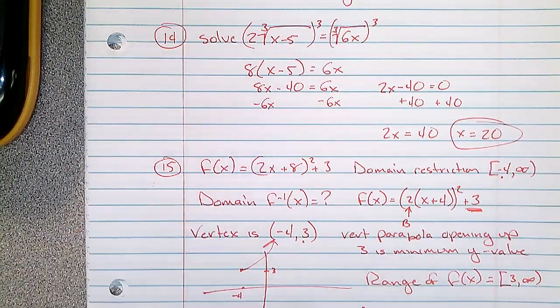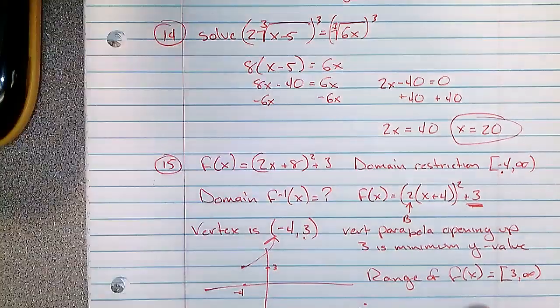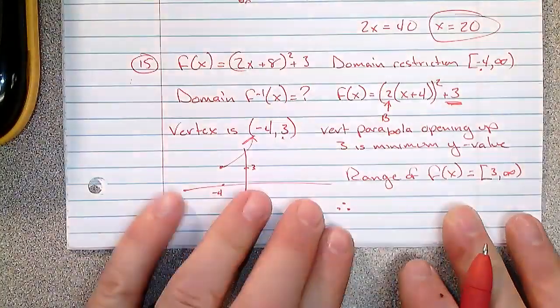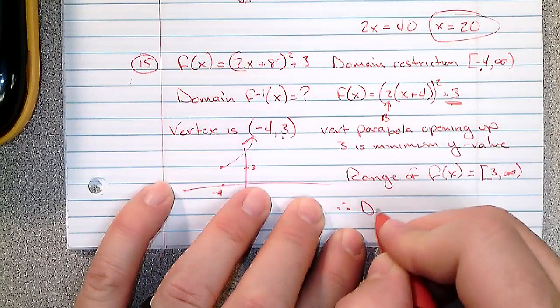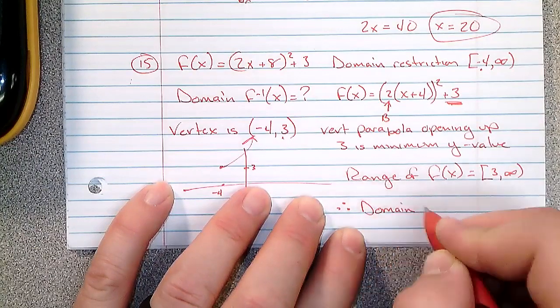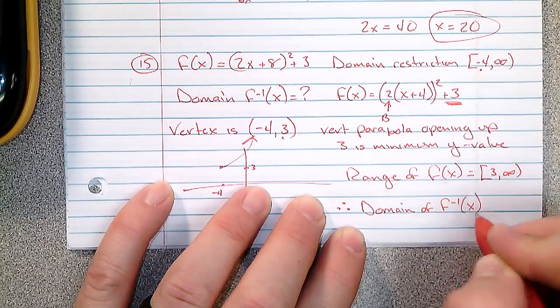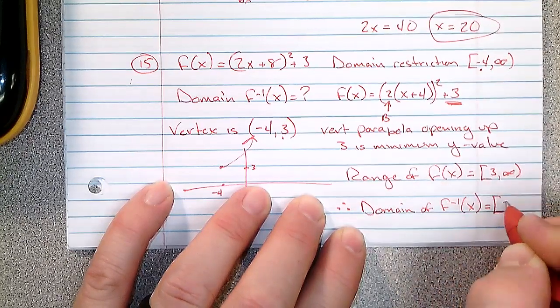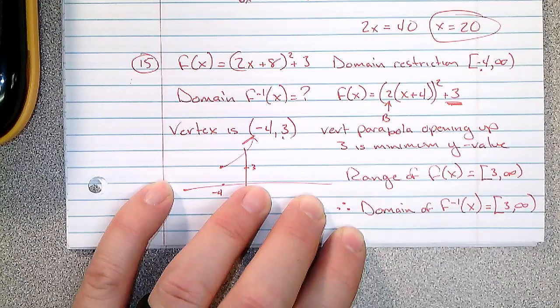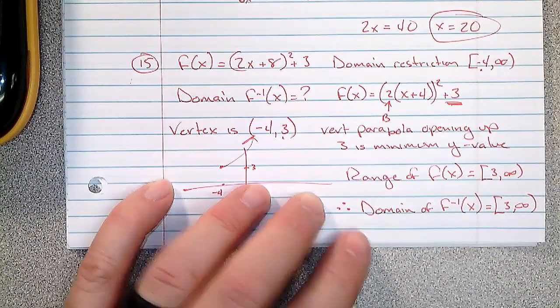Therefore, the domain of the inverse equals 3 to infinity. Ta-da.